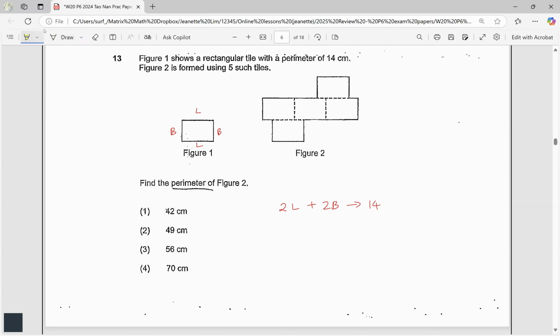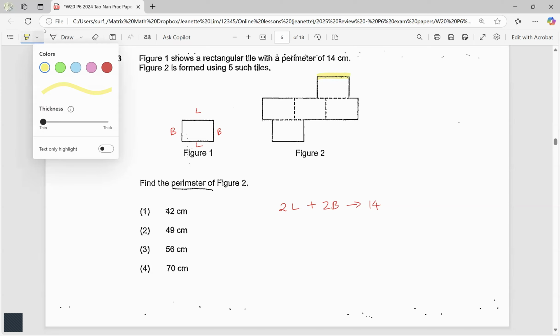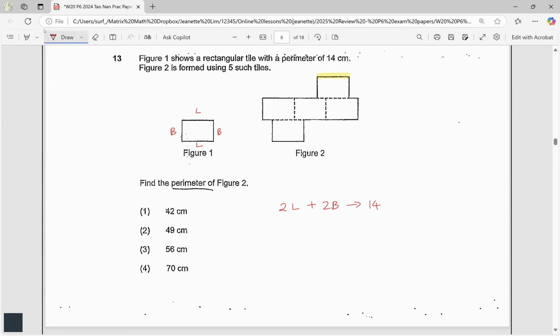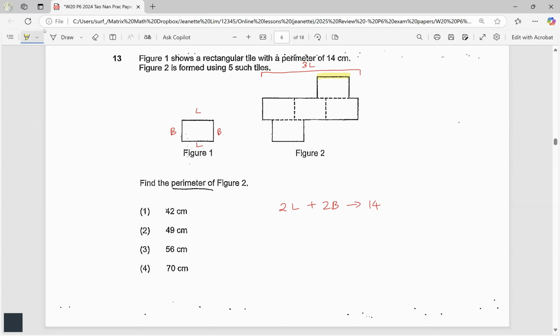Okay, I'm going to use a highlighter to show. I know that this whole thing here has a total length of 3L. Those 3L consist of the ones that I highlighted in yellow.